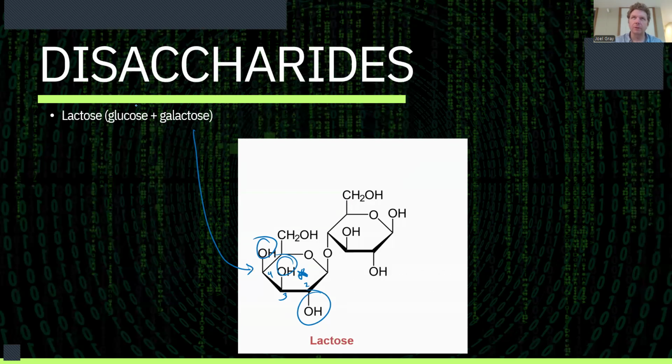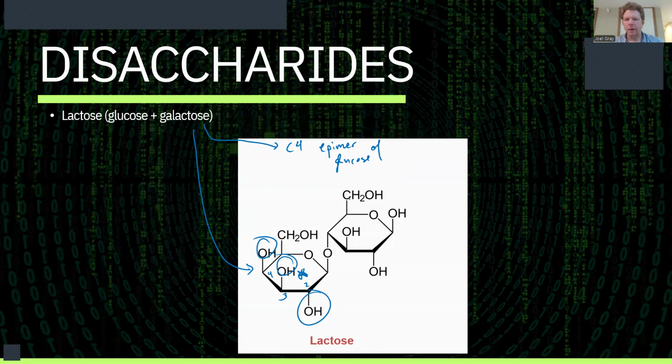You could have figured that out by process of elimination and knowing that glucose is down, up, down. Alternatively, you could say, aha, glucose and this have OH groups on carbon number 4 going in opposite directions. Galactose is the C4 epimer of glucose. So this one right here is glucose.